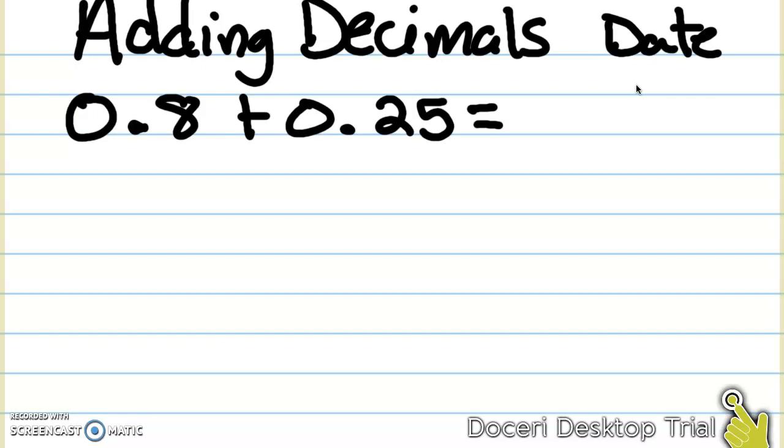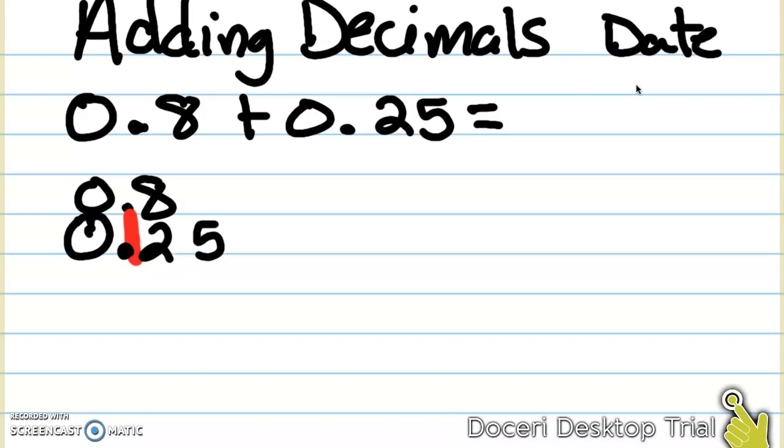So when we stack them, we have 8/10, and when I write my 25/100, I have to make sure that I am lining up the decimals here. So I am going to do 0 and 25/100, and that is an addition problem. So you can see here how I have the decimals lined up, and now I'm going to add.